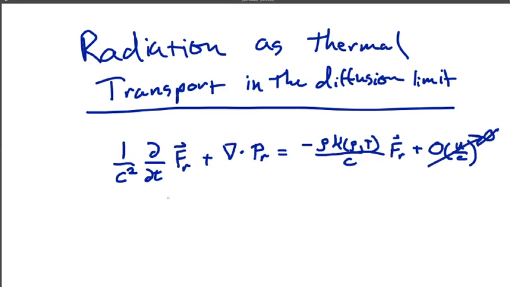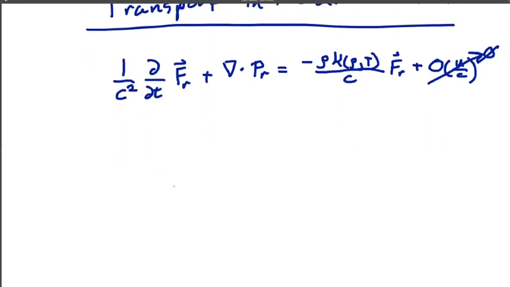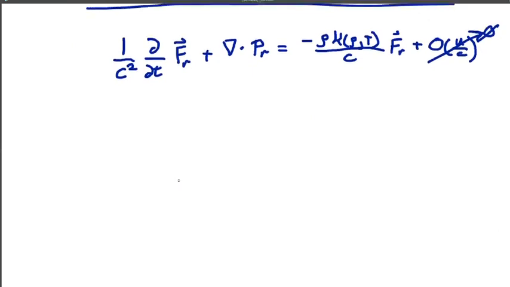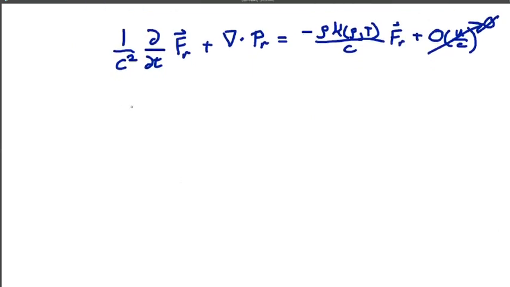Okay, now let's simplify this. What we want to ultimately get to is an expression for the radiative flux. So let the time derivatives of the radiative flux go to 0, just for simplicity.